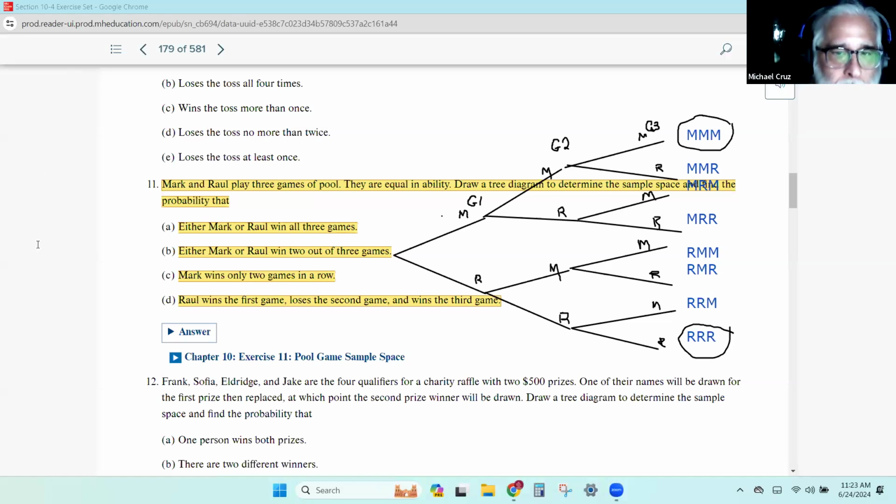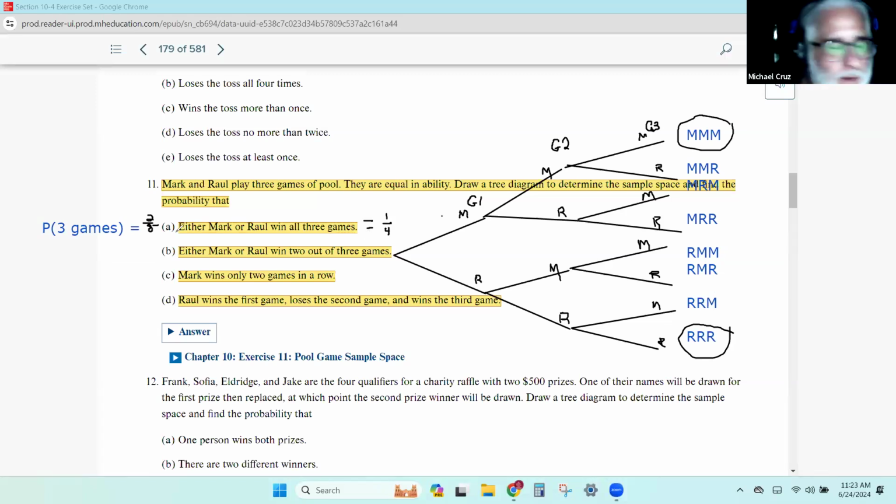So the probability of 3 games is equal to 2 over 8. And so that's equal to 1/4.